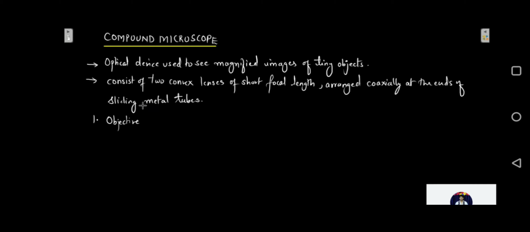Objective is going to have a shorter focal length, a very short focal length, and a small aperture, and it is positioned near the object which is to be magnified.